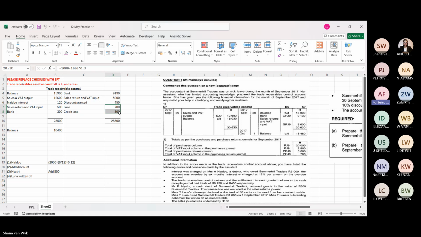Wait, your credit loss is 700. Take Luna out and write credit loss on the credit side. That's your credit loss. I see. Yes, and then bank is this one. Okay. Now it's 1,000. Cool.